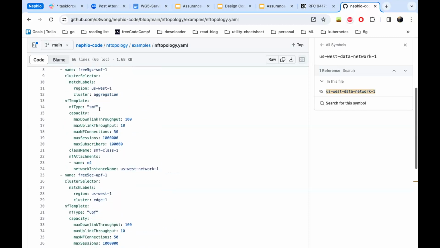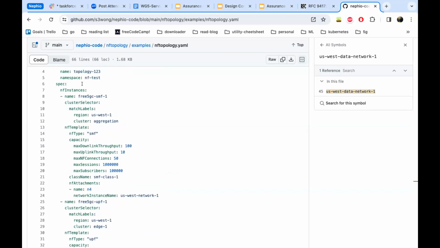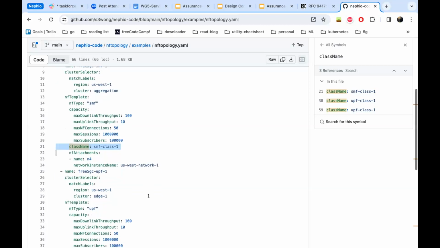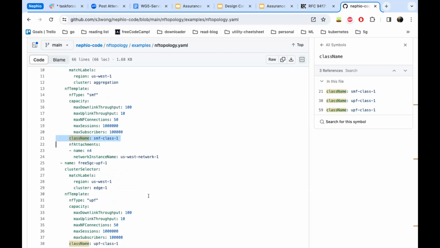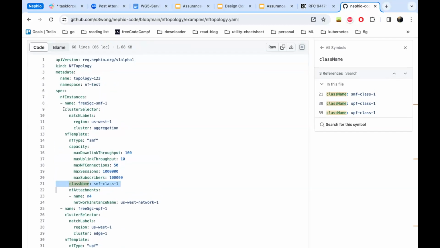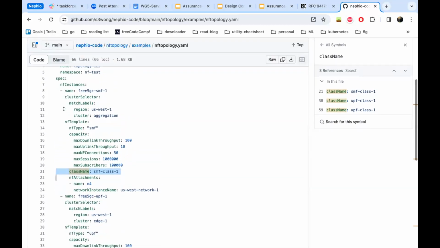That should also be captured in this template, and there should be one NF class for that particular 5G core, which should again be decomposed to create resources for the SMF, UPF, or AMF. That's how I'm visualizing it. So that could be one way going ahead.